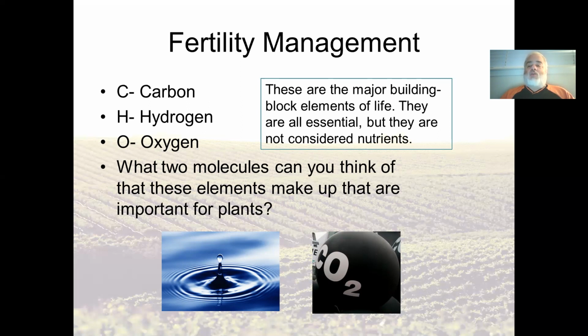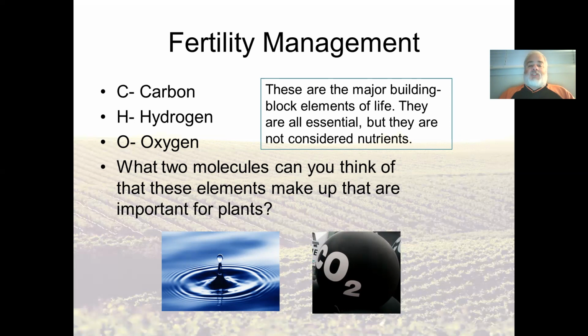We don't call them nutrients, just like I don't call it a nutrient when I breathe oxygen. It is essential that I breathe. I need that oxygen, but it's not a nutrient. It's just part of the backbone of my structure that I get from the environment.